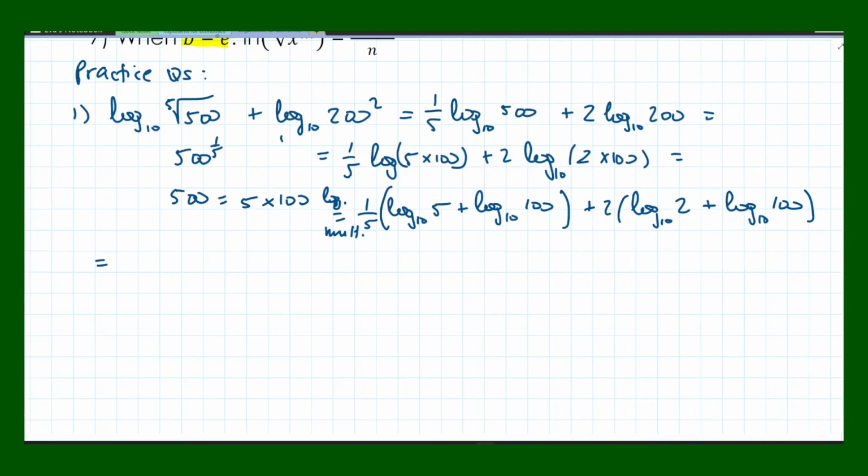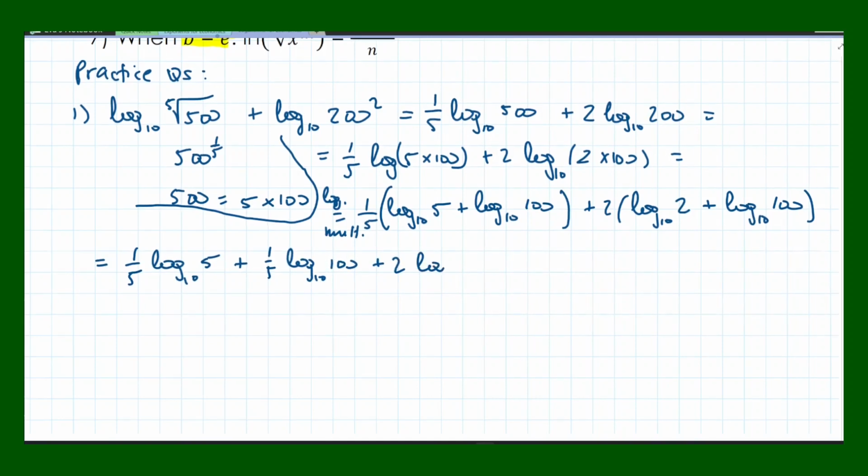So again, I'm going to make sure that we understand that these are side calculations and they don't belong to the equations. So what I've got here is 1/5 times log base 10, 5 plus 1/5 times log base 10, 100 plus 2 times log base 10, 2 plus 2 times log base 10, 100.